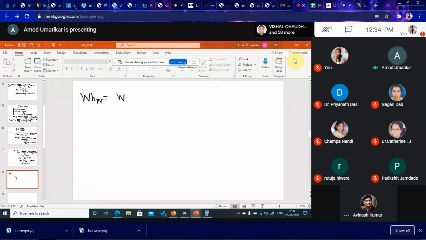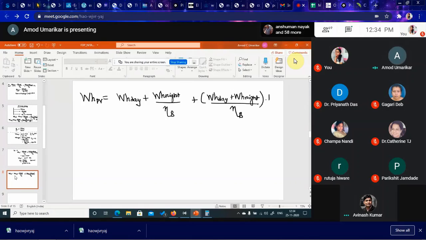Array size is WH day plus WH night, upon eta, plus WH night, upon eta B, multiplied by autonomy upon recharge. Assume that the recharge time is slightly higher, let's say 3 days to recharge. Higher the recharge time, lower the PV size.